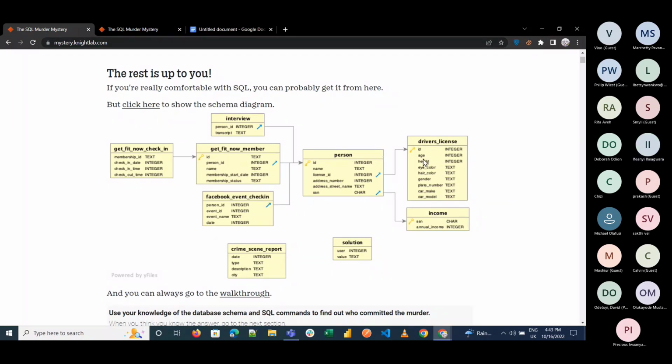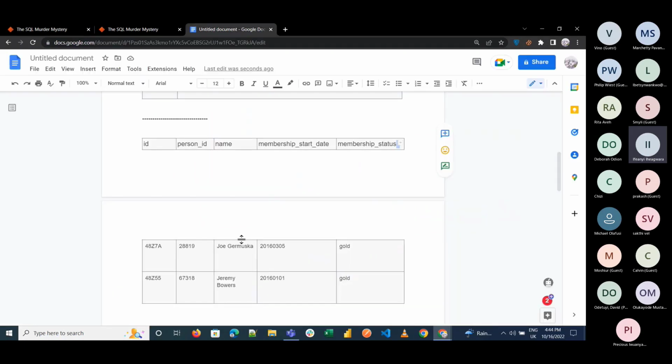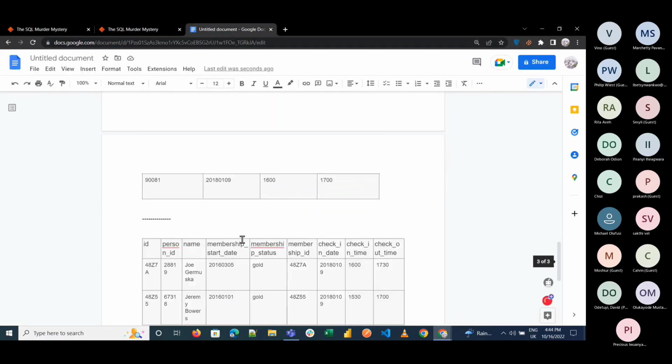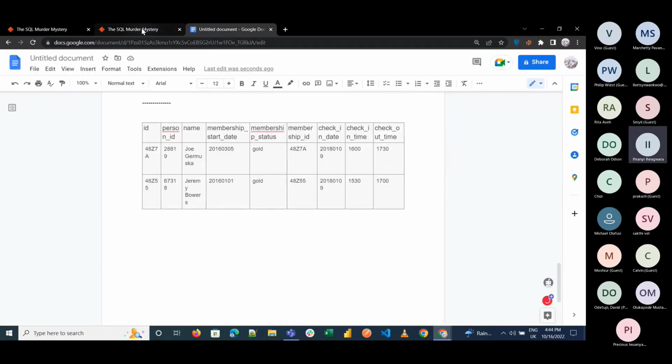The license ID here is not a join with this table. This table and this table actually have nothing in common. If I join to this, it will just become a lot. So let's just take out these two names and find out what we want to get.